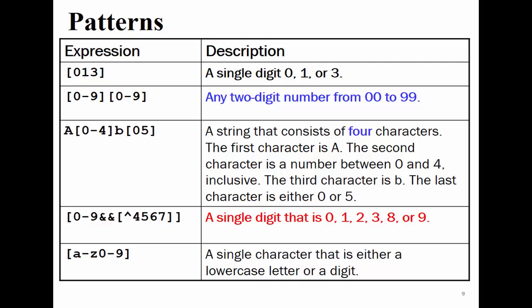It's a special character. It means beginning of the line. But now, because it's inside the square brackets, it means exclude things. So I need any digit between 0 and 9, but not equal to 4 or 5 or 6 or 7, which ends up with 0, 1, 2, 3, 8, and 9. You're looking for a single digit, one of these.